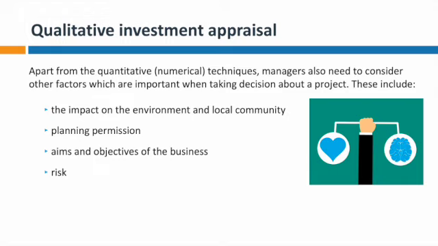Maybe if it's a social enterprise, or a not for profit organization, then maybe the quantitative investment appraisal methods aren't going to be as important as in the case of businesses who are trying to maximize profit.